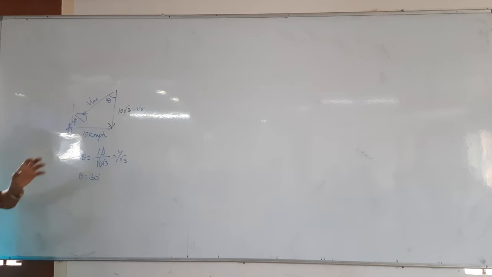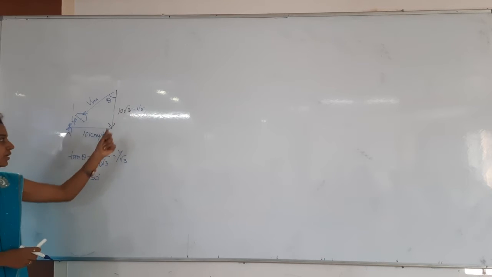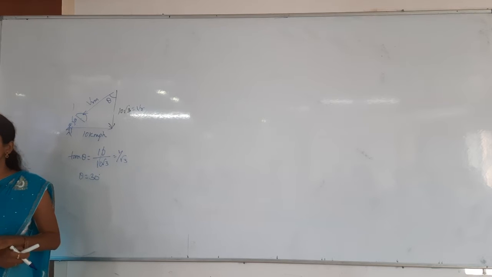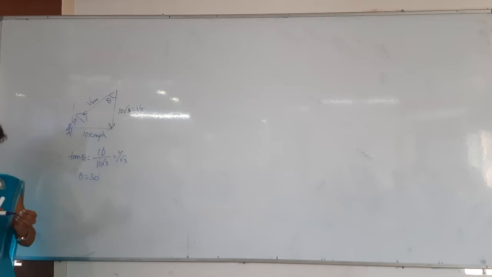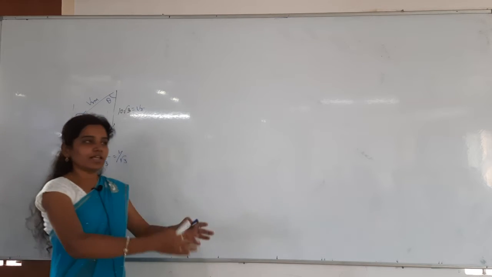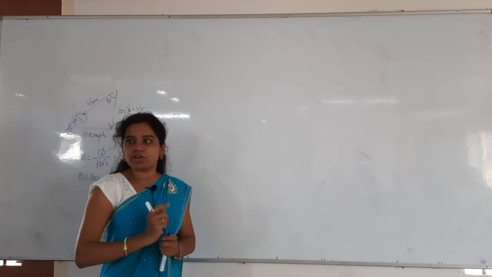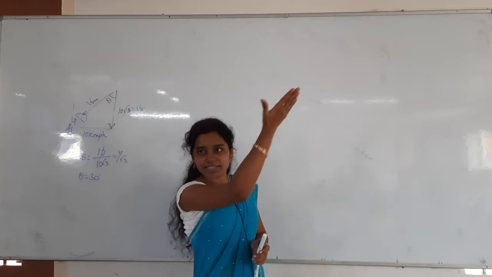Correct? So here the main thing is rain is falling vertically downwards at 10√3. Man is running at what speed? 10 kilometers per hour. Now in which direction does he have to hold the umbrella? For example, man is running in this direction and rain is falling in a vertically downward direction. Whenever he is at rest, rain will fall vertically downwards. Whenever he is moving, rain will fall slantly.